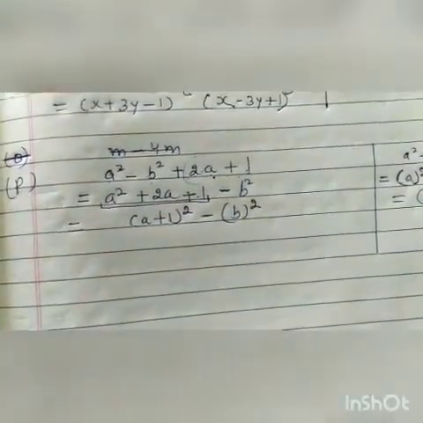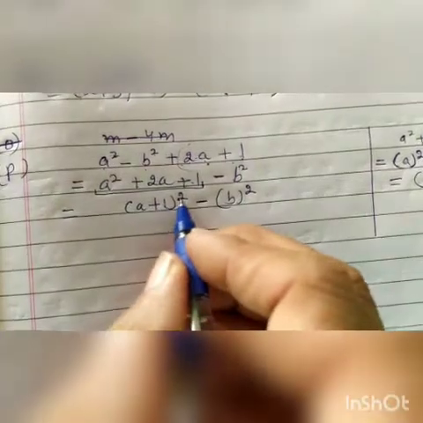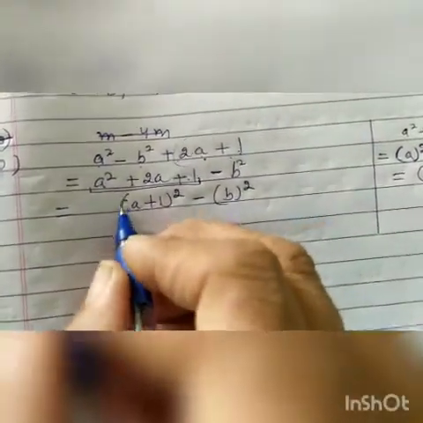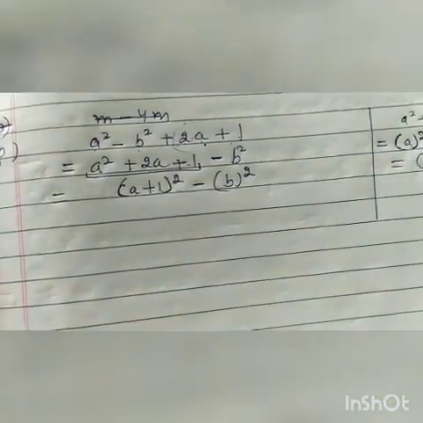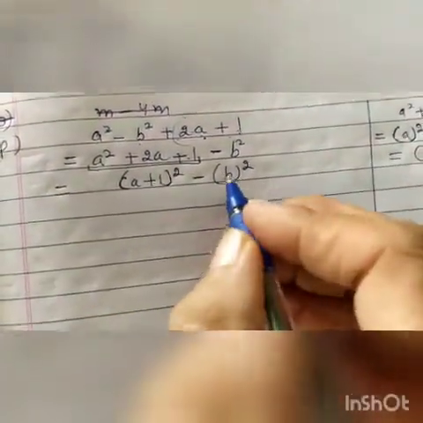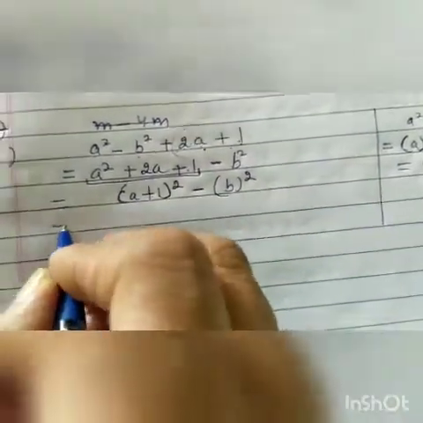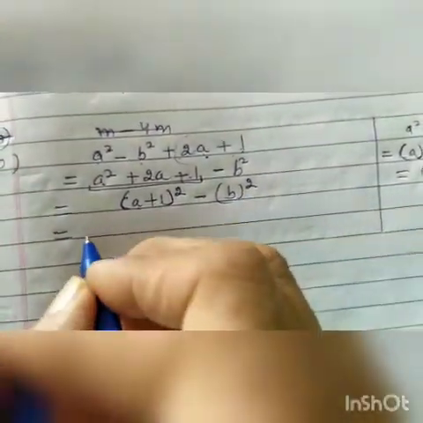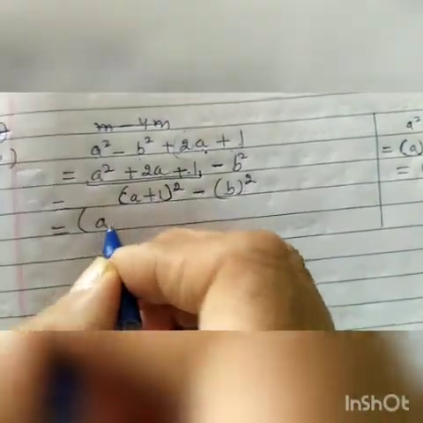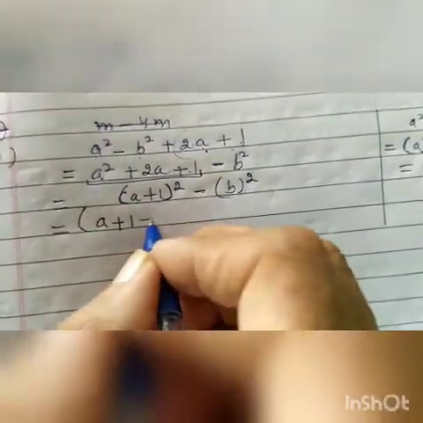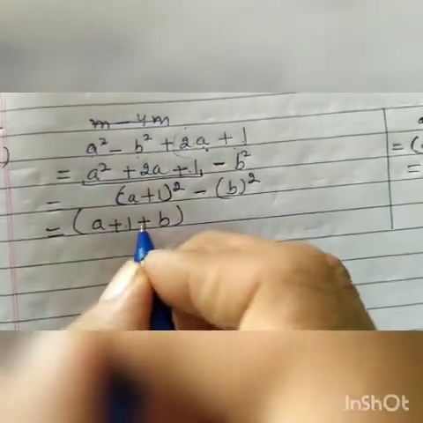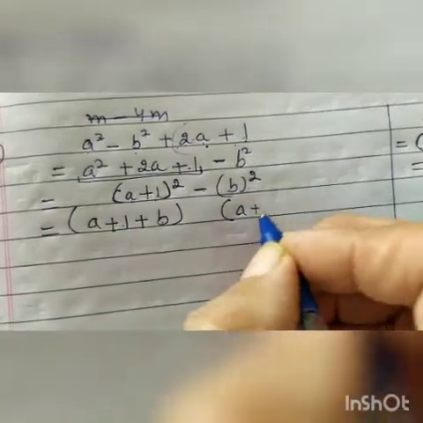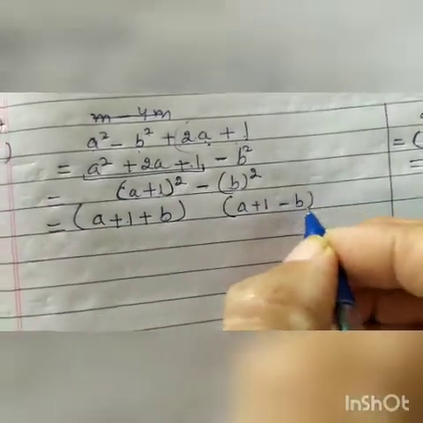Clear? Now we will use here the third identity, a square minus b square. What is written within the first bracket? That is a plus 1, and what is written in the second bracket? That is b. So a square minus b square is equal to (a plus b)(a minus b).